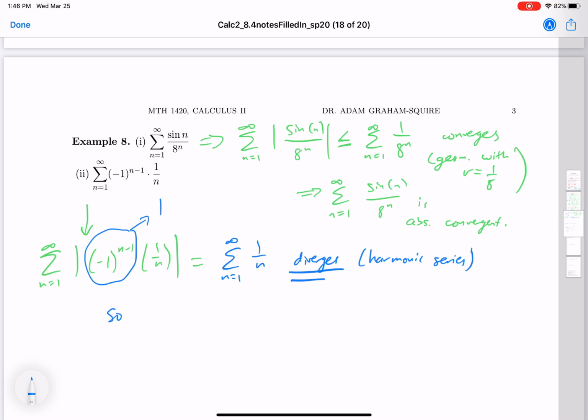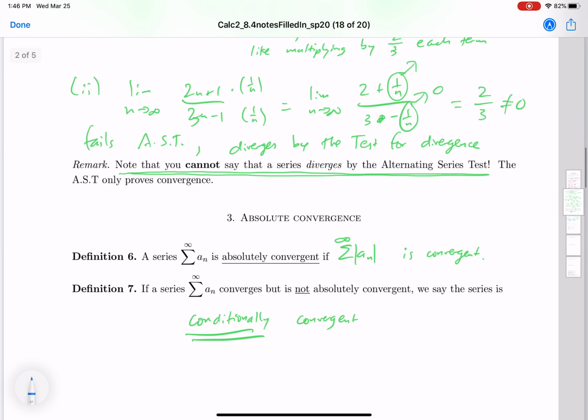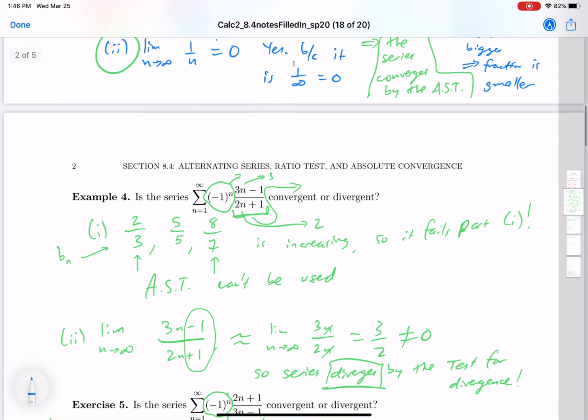So the sum of negative 1 to the n minus 1, 1 over n, that actually converges. We proved that up above. Where was that one?